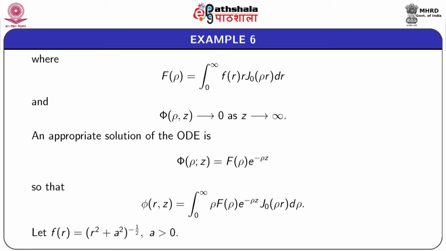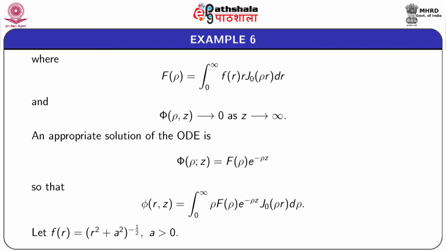Now, the appropriate solution of this ODE satisfying this boundary condition is given by capital phi of rho, z equal to capital F of rho e to the power minus rho z. So that if we take the inverse transform, we find small phi of r, z as integral from 0 to infinity rho capital F of rho e to the power minus rho z J naught rho r d rho.